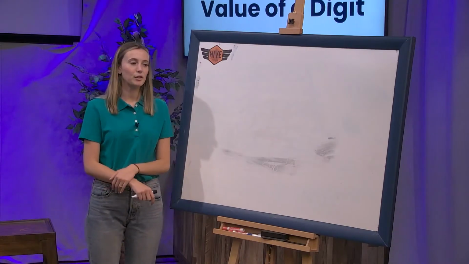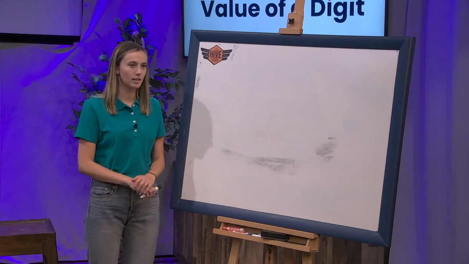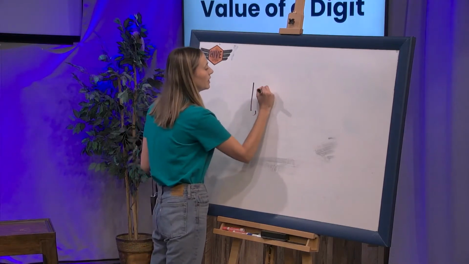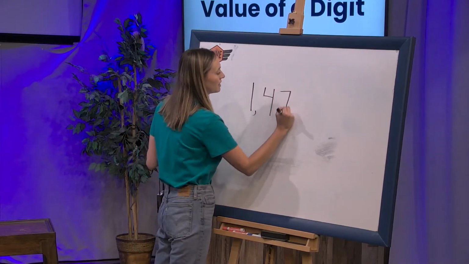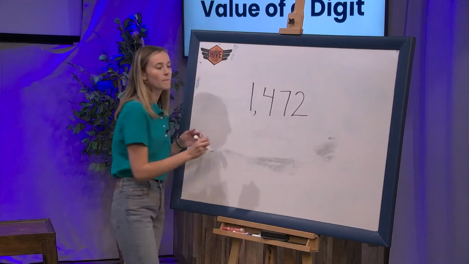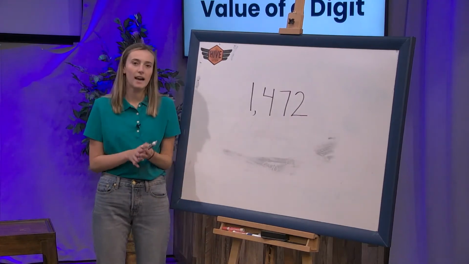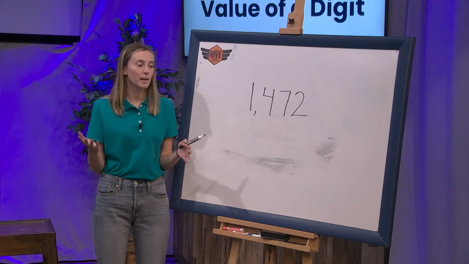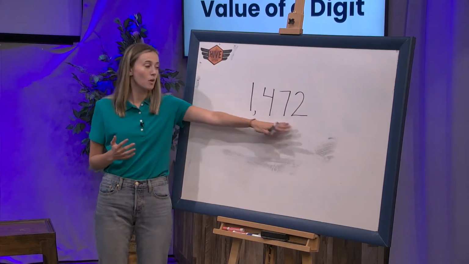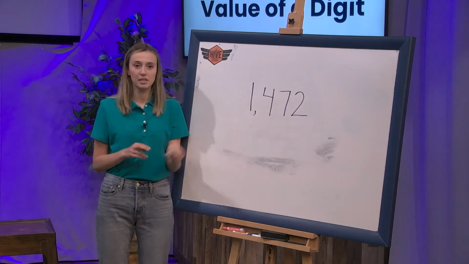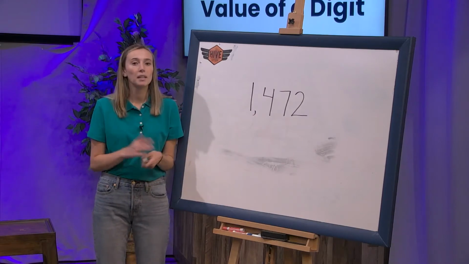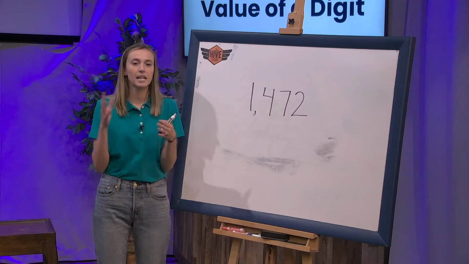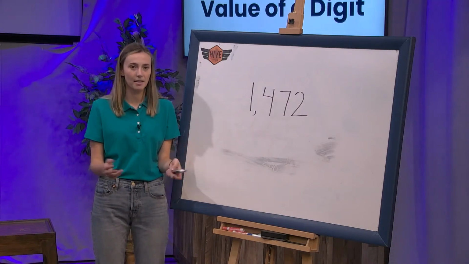So now I want to preview finding the value of a digit. So I'm going to write a number here, 1,472. And I want to find the value of each of these digits. So what I'm going to do is show you what 1,472 looks like with some math manipulatives, or some toys or little things that I use to help me understand math.